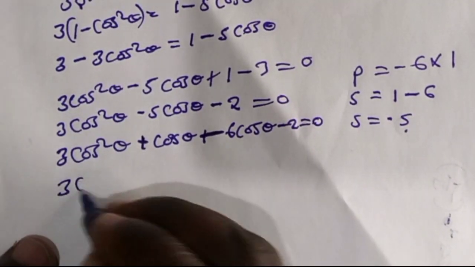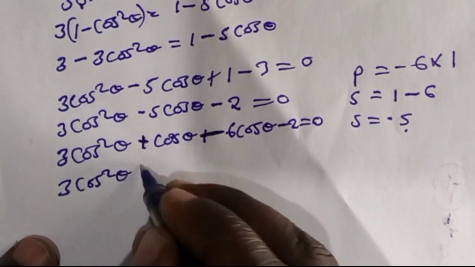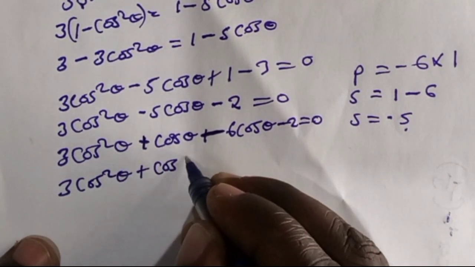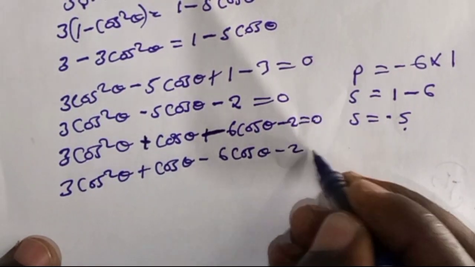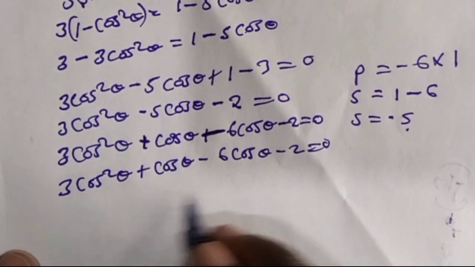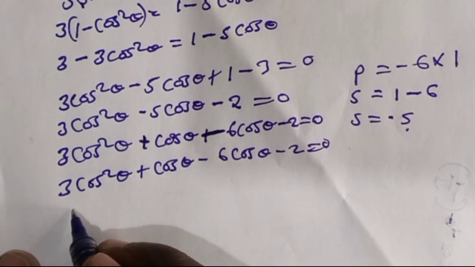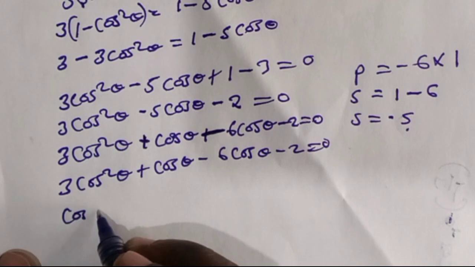We have 3 cos squared theta plus cos theta minus 6 cos theta minus 2 equals 0. What is common here is cos theta.